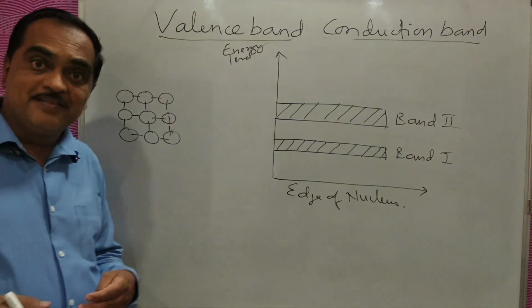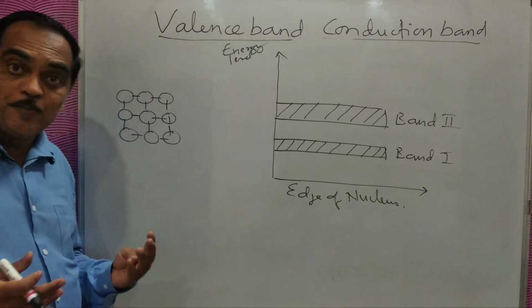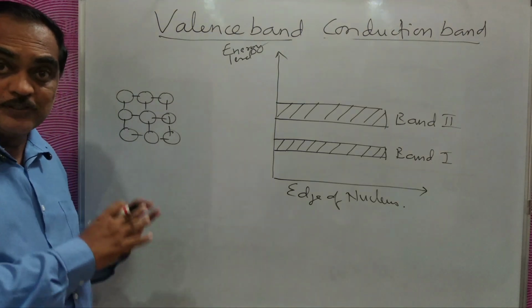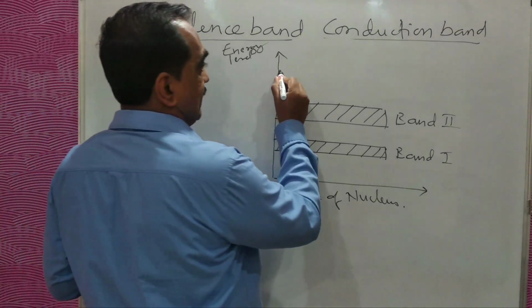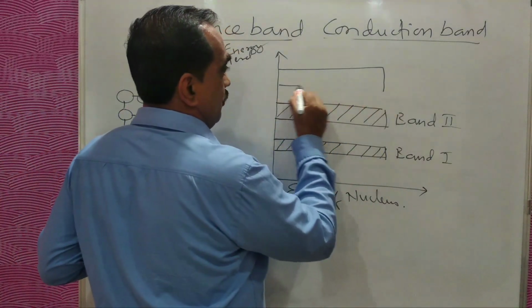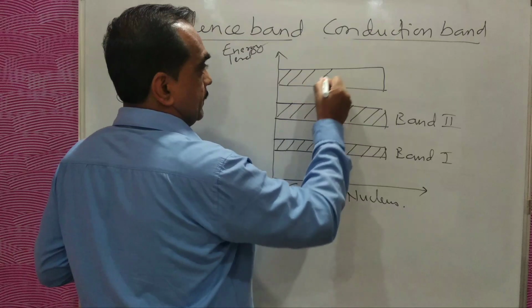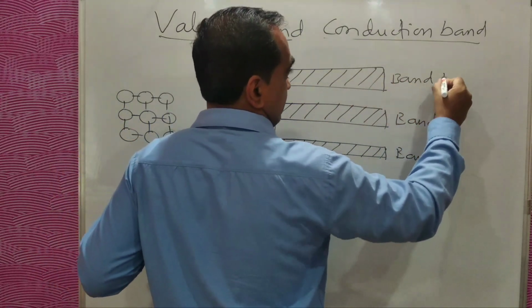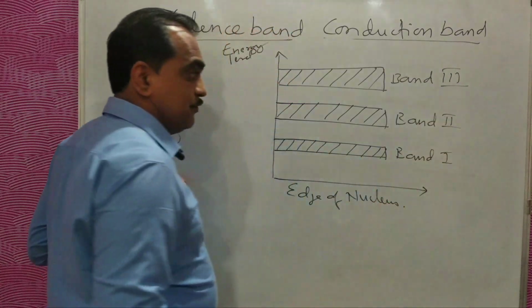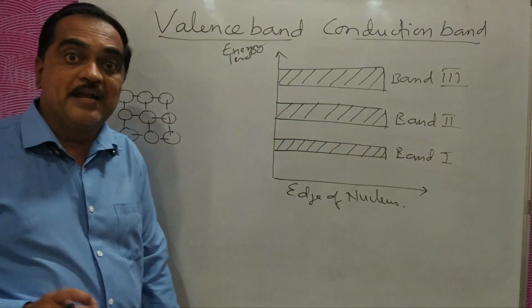Similarly, if you combine the energies of the third orbit of all the atoms, because adjacent atoms also are going to contribute, you will get the band of the third orbit. This is band 3. So this will be called the energy band diagram.